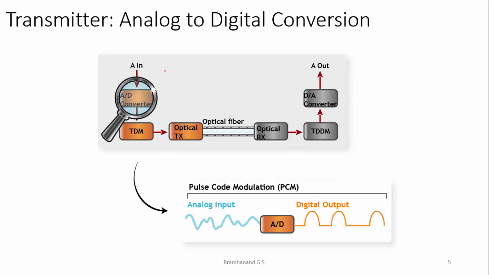If my data is analog in nature, as we discussed in one of our webinars, time division multiplexing is used to convert my analog data to digital data as shown in this diagram, and the optical transmitter will transport that digital data through the optical media, and the reverse process takes place in my receiver, wherein the digital data will get converted to analog.